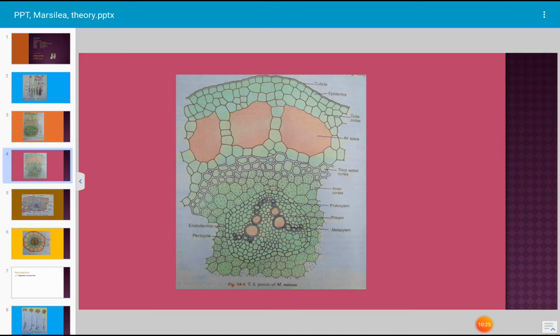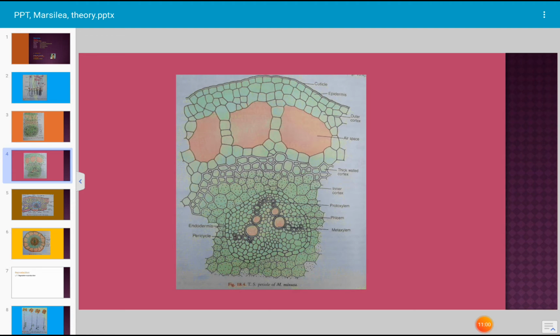In the central region of the petiole there is a stele which is more or less triangular in outline. The stele is surrounded by single layered endodermis. It possesses V-shaped mass of xylem with exarch protoxylem. The two arms of the V are quite separate and somewhat curved as shown in the photograph, and the V-shaped mass of xylem is surrounded by phloem and single layered pericycle successively.